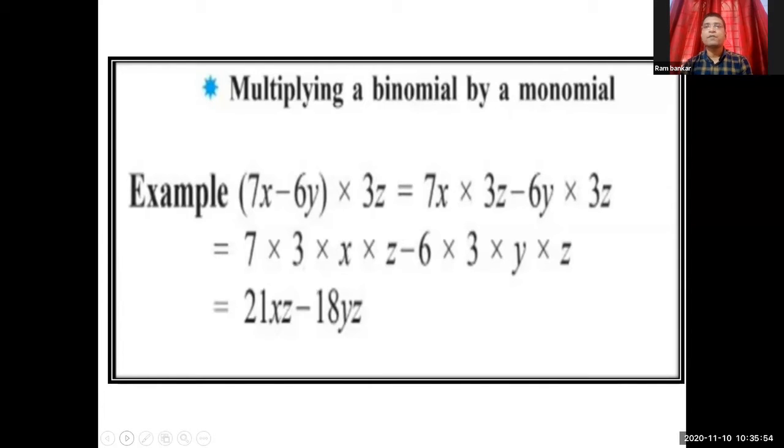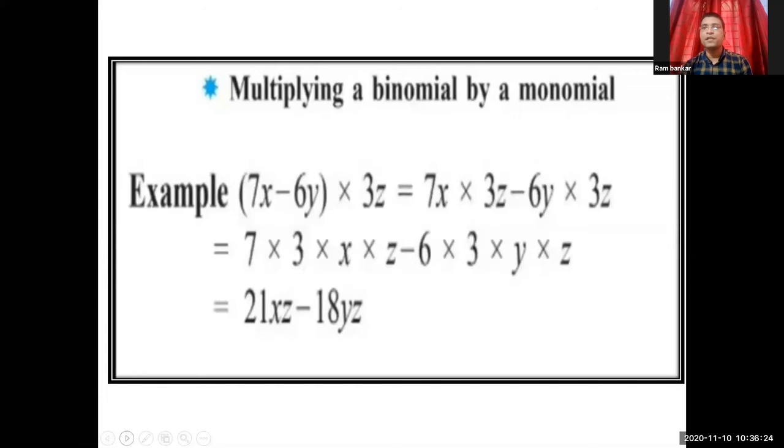Now the next step is to take coefficients together and variables together. 7 into 3, and multiply x into z, their variables. Coefficients separately and variables separately. Again, the next minus sign is there before 6y, so take the coefficient and variable of 6y separately.